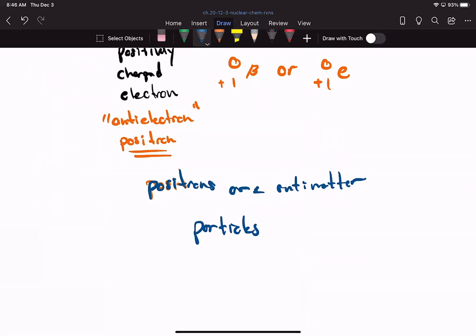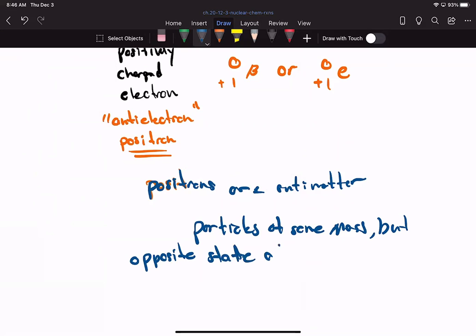So particles of some mass, but opposite state of another property, right? We have black holes, we have light holes, right? We have electrons, positrons, right?